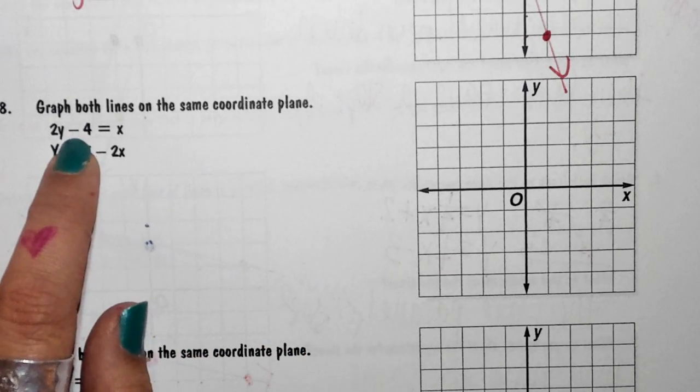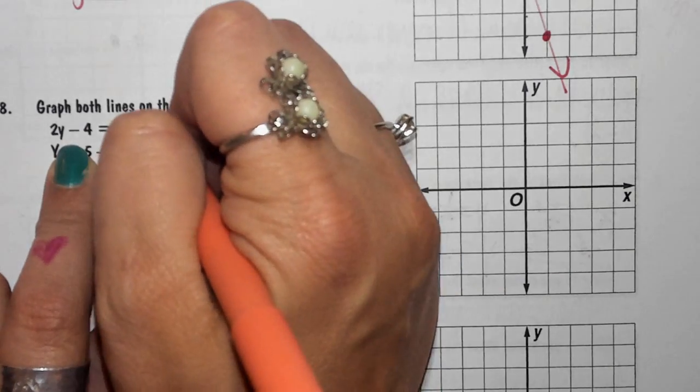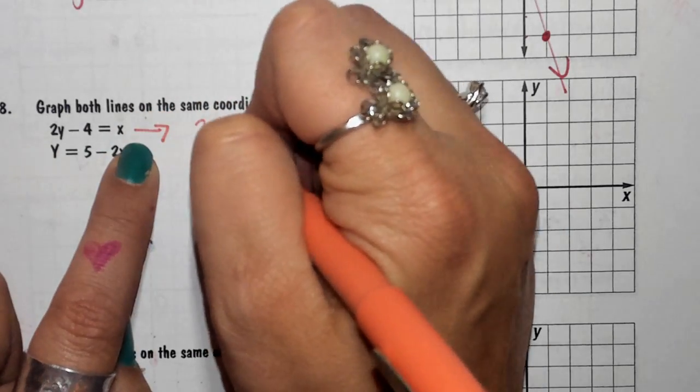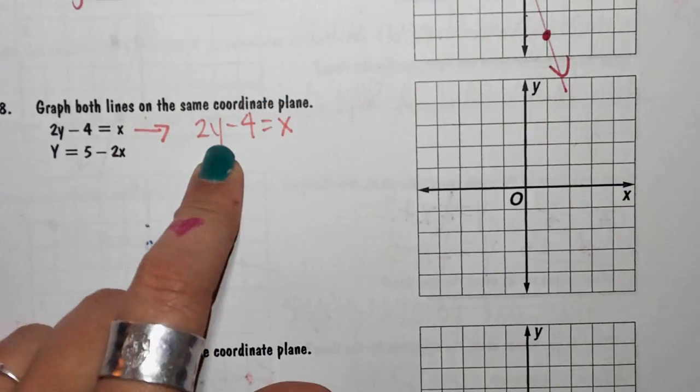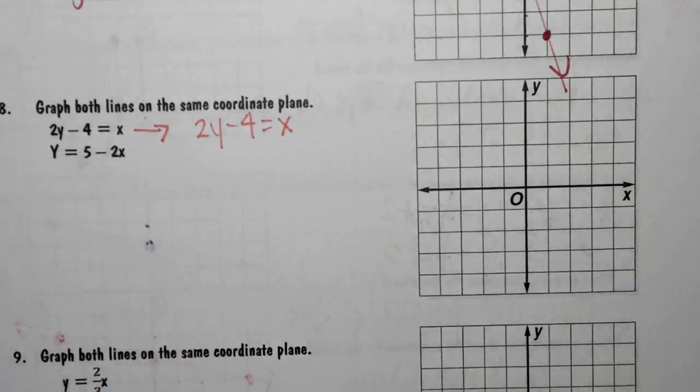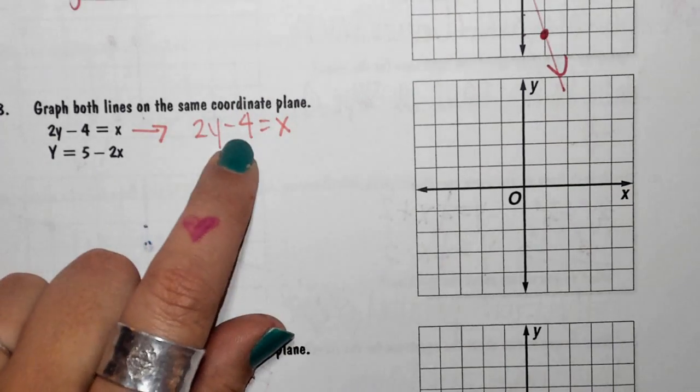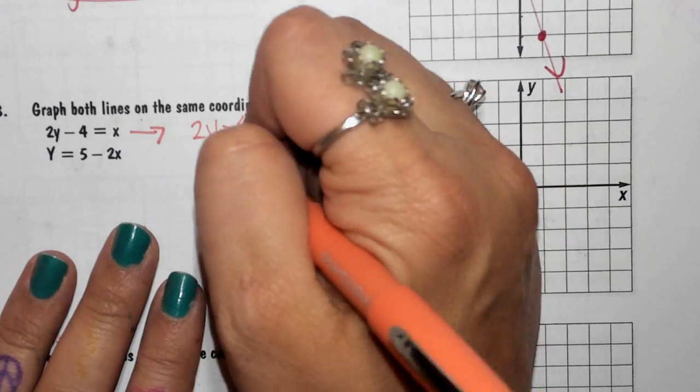All right, let's solve this one for y. Now, I need to get y by itself. So how do I move this over here? I got to move that minus 4 first. How do I move it? Add 4.